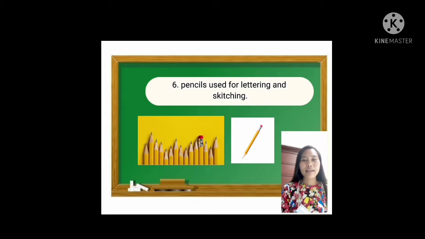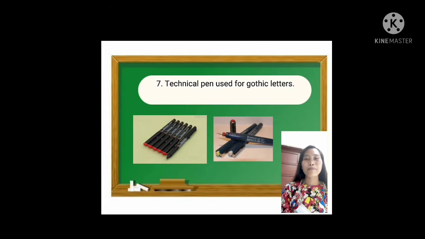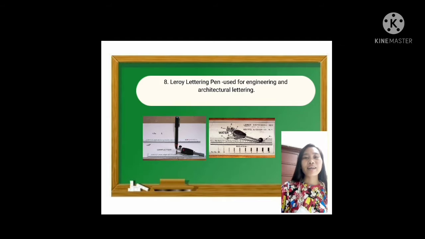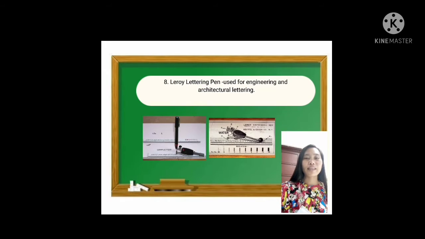This is what we most often use when we do lettering. Then number 7, technical pen, used for Gothic letters. And this is the picture. And number 8, Leroy lettering pen, is used for engineering and agricultural lettering. And this is the picture of number 8.